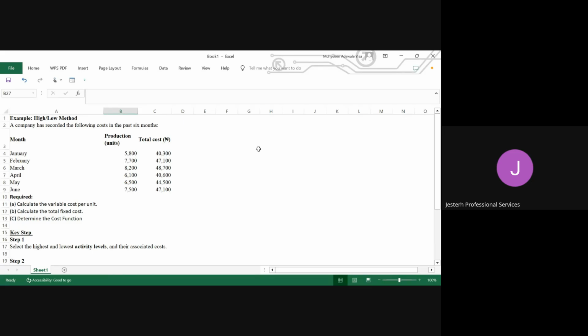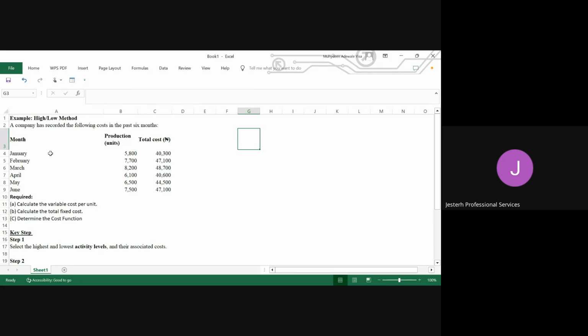I want all of us to be on the same page to help us get familiar with the approach. Now, a company has recorded the following costs in the past 6 months. The company has this record for the past 6 months.